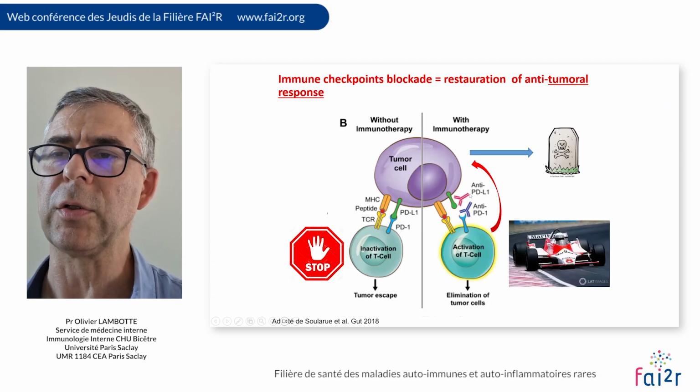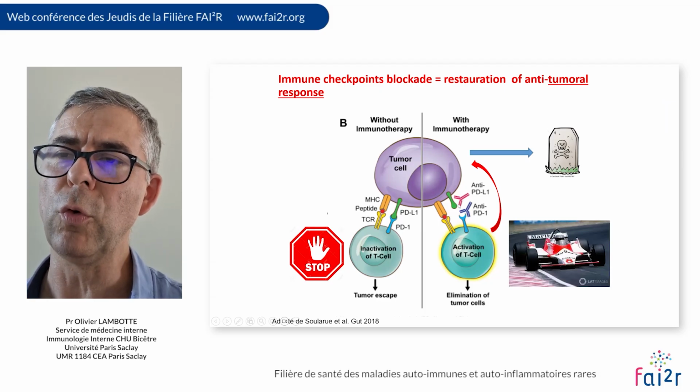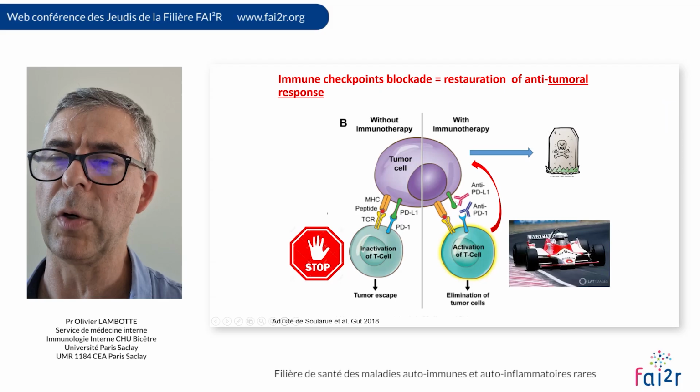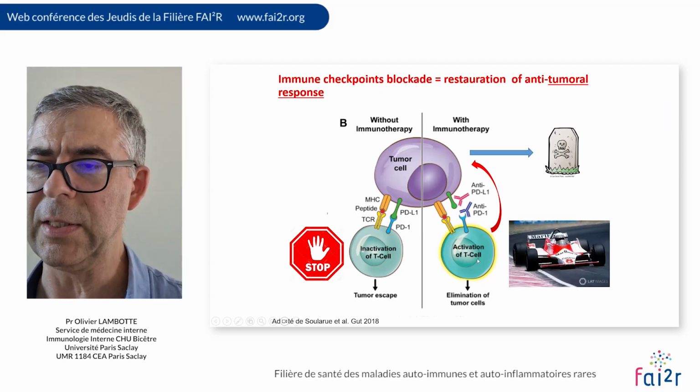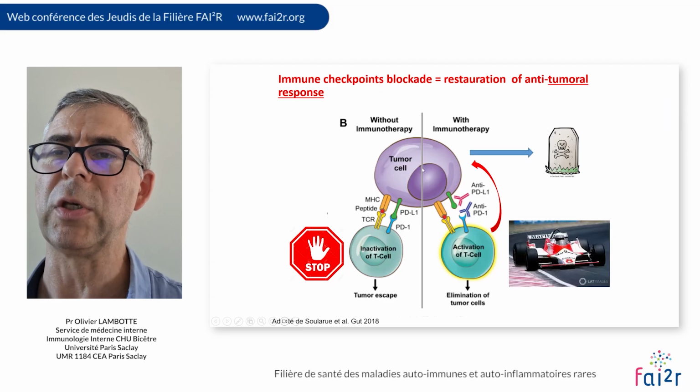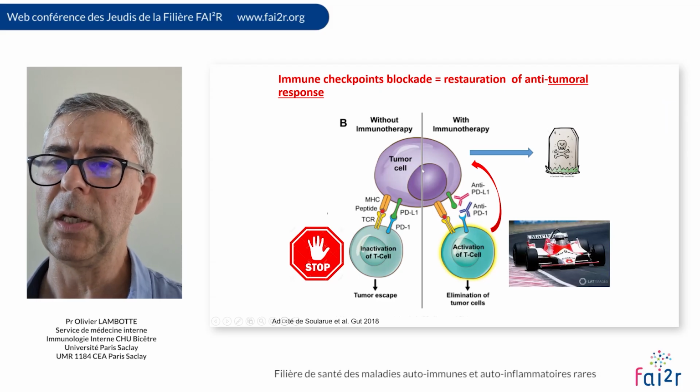If you use monoclonal antibodies, which are able to remove the interaction between PD-1 and PD-L1, you relieve the anti-cancer T cells, which are activated and able to kill their target.